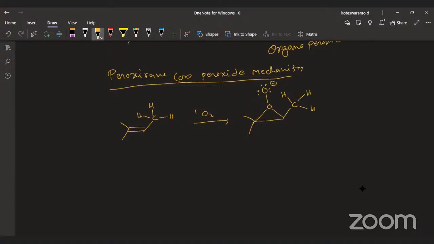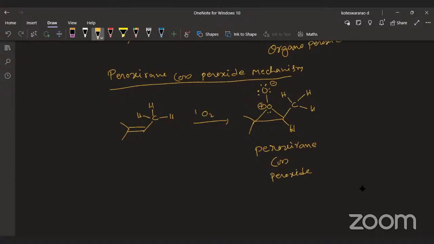This intermediate is also known as perepoxide. It has a positive charge and a lone pair of electrons here. Right?